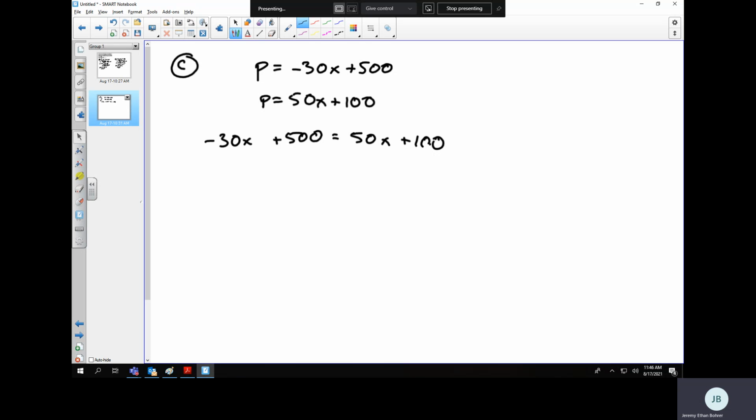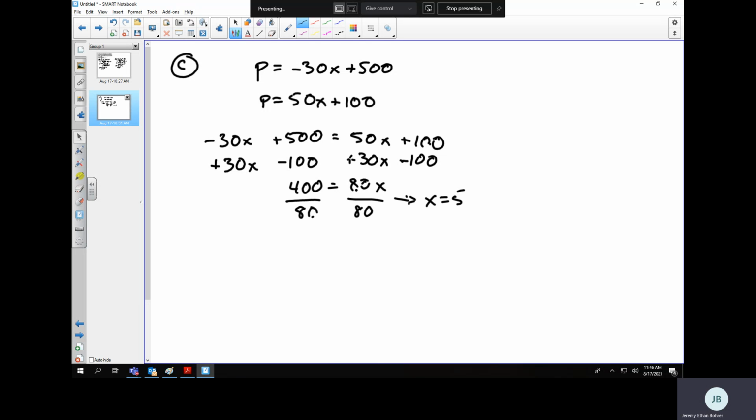And I can subtract my 100 from both sides here and add my 30x to both sides here. And that's going to give me 400 equals 80x. And if I divide both sides by 80, I get x equals 5.